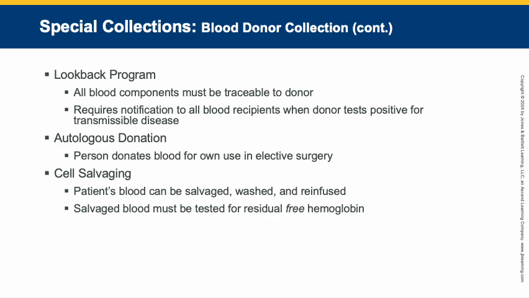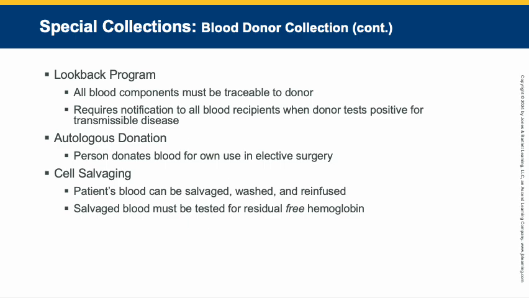Cell salvaging is a type of autologous blood transfusion that is done during the surgery. You have to have a lot of things in place for this to work, but it is recommended that the salvage blood be tested for residual free hemoglobin prior to reinfusion back into the patient.